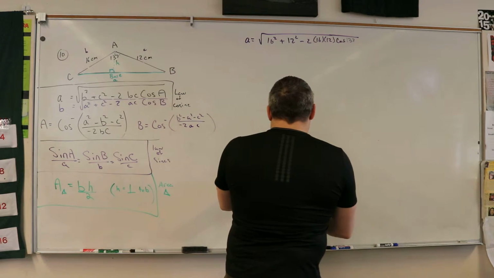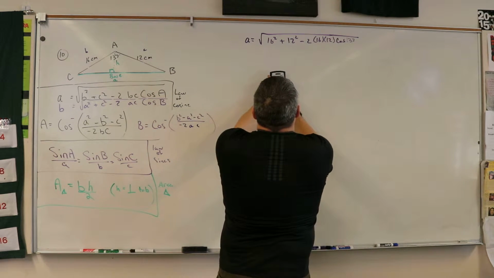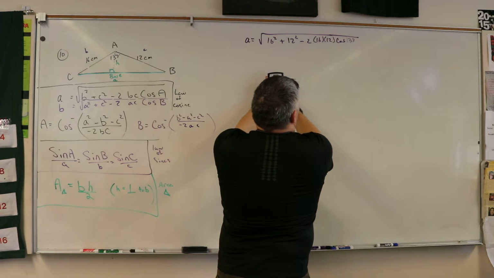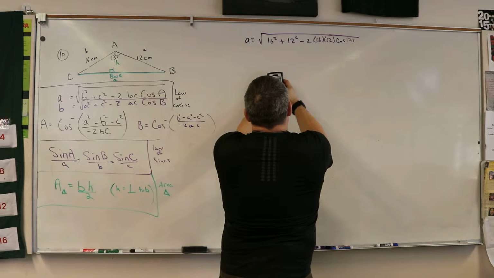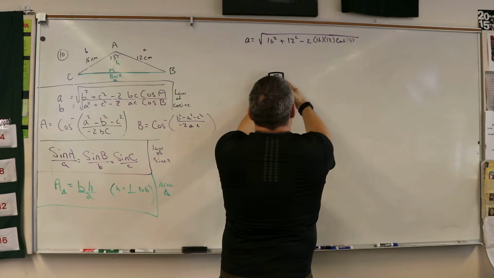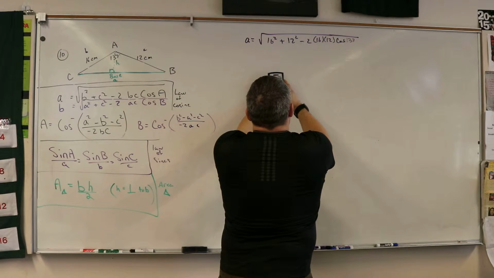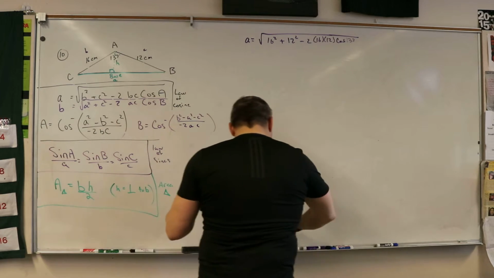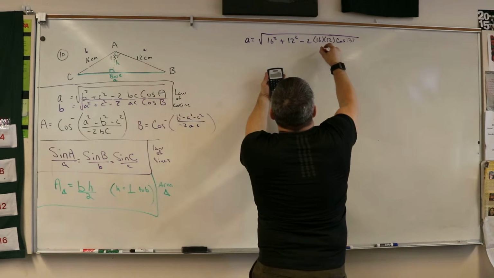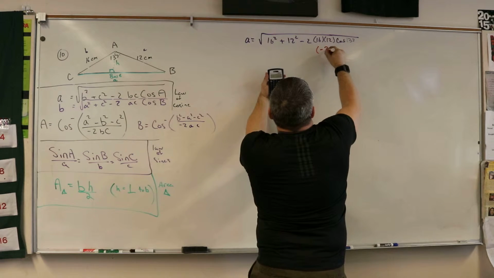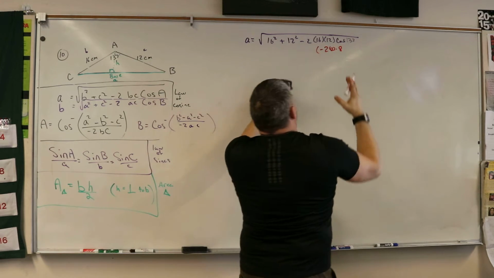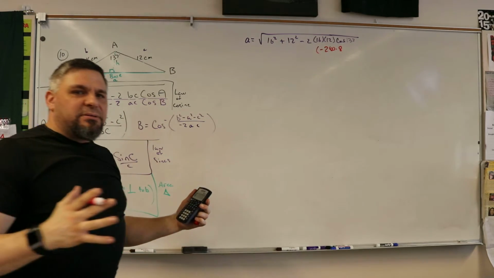So I'm going to say cosine of 137 equals, and then times 2 times 16 times 12, and then hit equals. Now that gives me negative 280.8. And I write it down just so I have a reference.